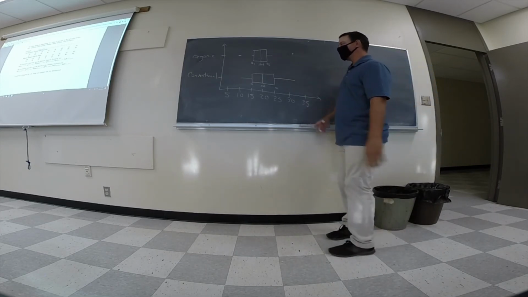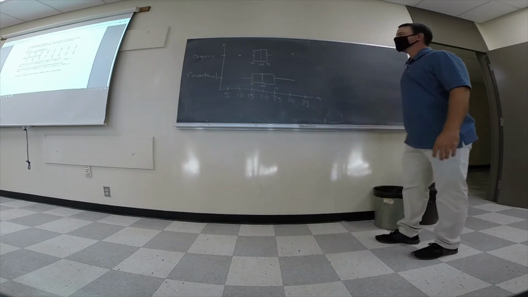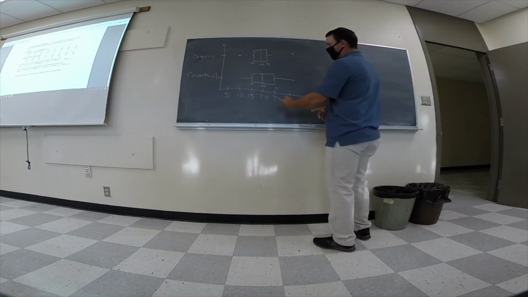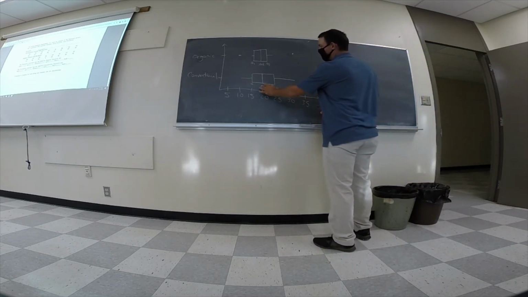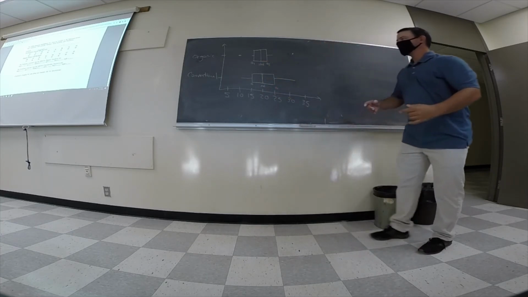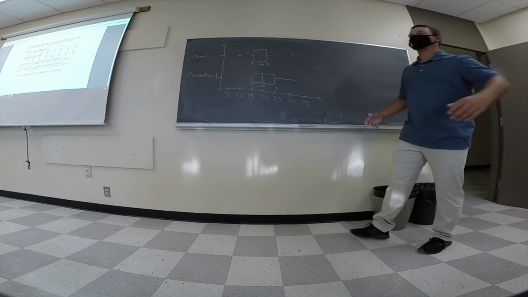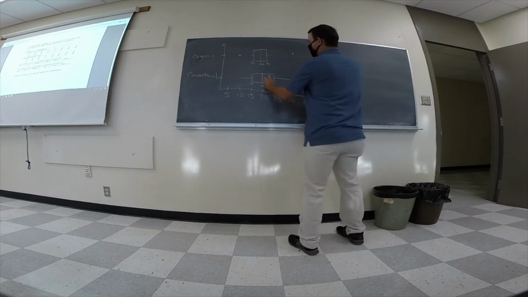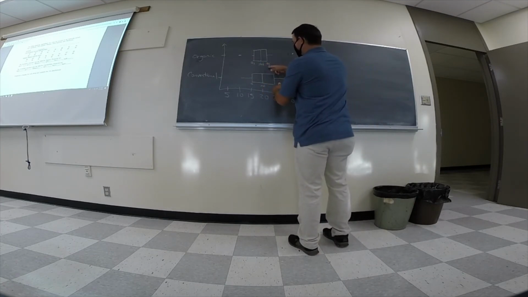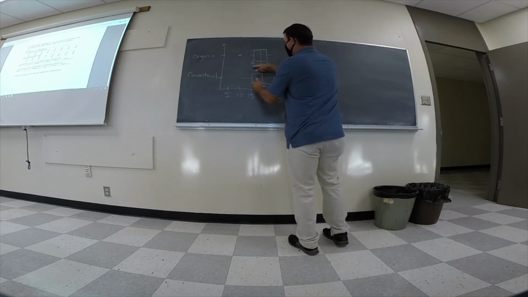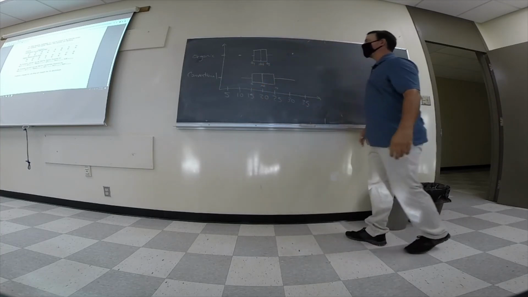So if I was comparing my box plots, I would say that because the median's larger, even if just barely, and the Q3 is larger, it looks like conventional did a little bit better than organic. I'm not gonna say it did massively better. This beats out this, but that's only 1 out of 3.